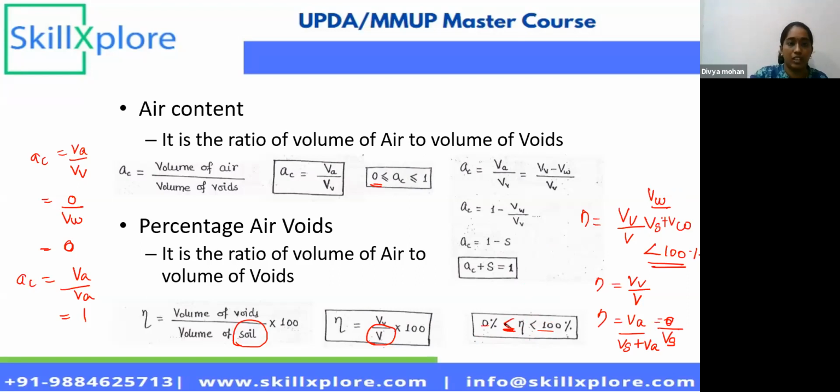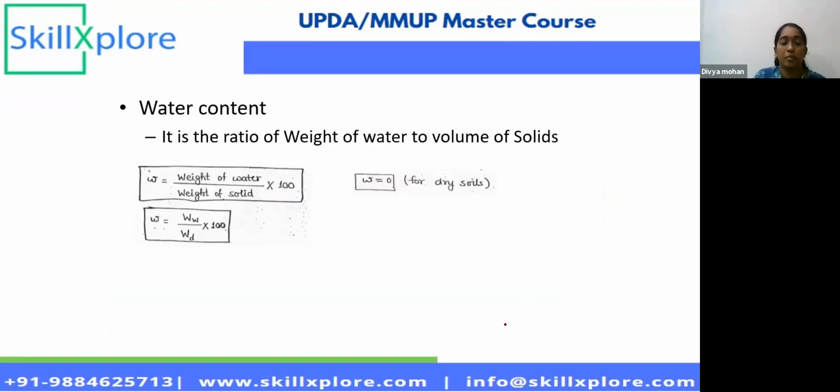Another important parameter while discussing the definitions of geotechnical engineering is water content, and water content is nothing but the weight of water by the weight of solids, and I'll tell you in detail.